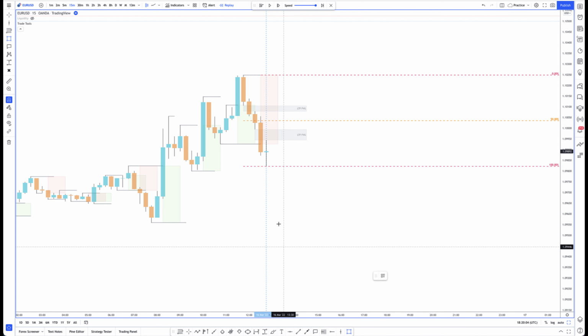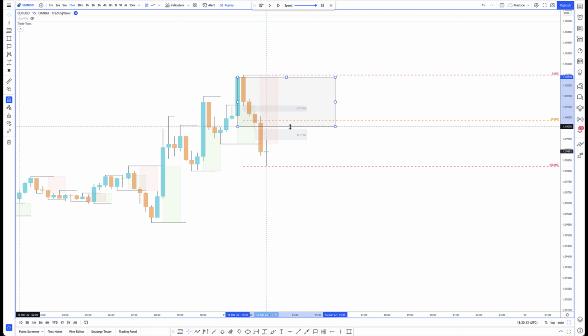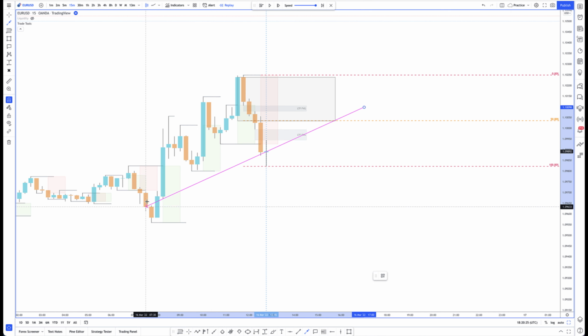That means if this was to be my trade zone, reduced to 50% would be this. That means I only have one unmitigated fair value gap in here, just one, as compared to 3 that we saw in this setup.